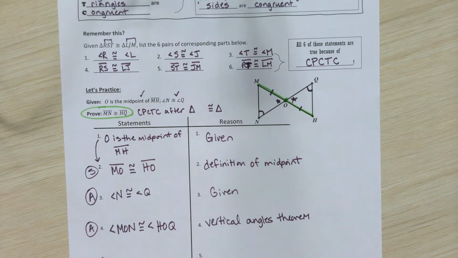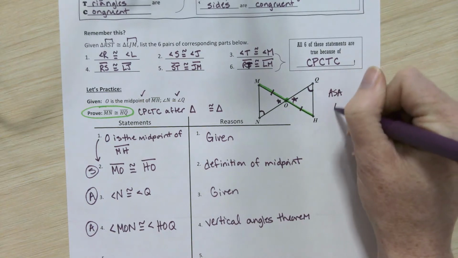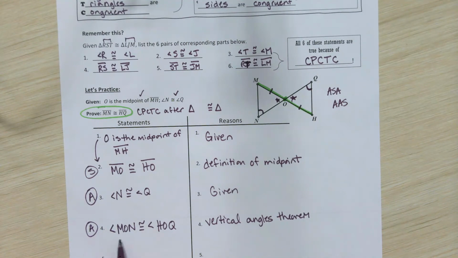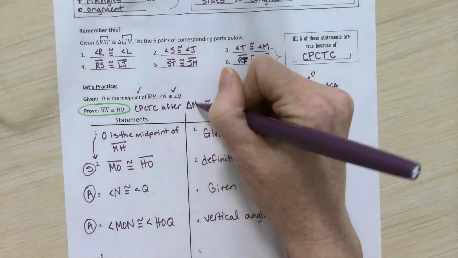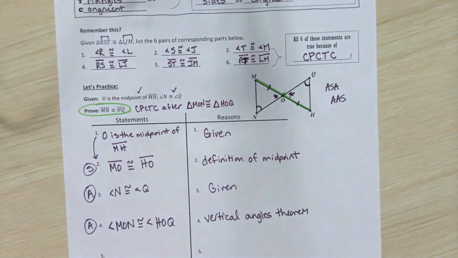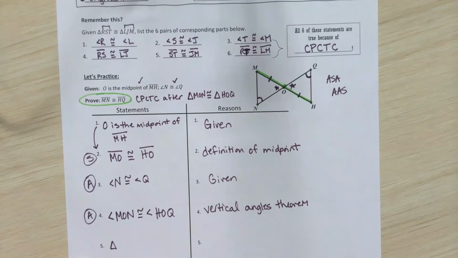So I can tell I'm going to be making a decision between angle side angle and angle angle side. But because I was careful with how I matched up these letters in my vertical angles, I can use that same matchup in my triangle names. I'm pretty sure that I'm ready to say that triangle MON is congruent to triangle HOQ.